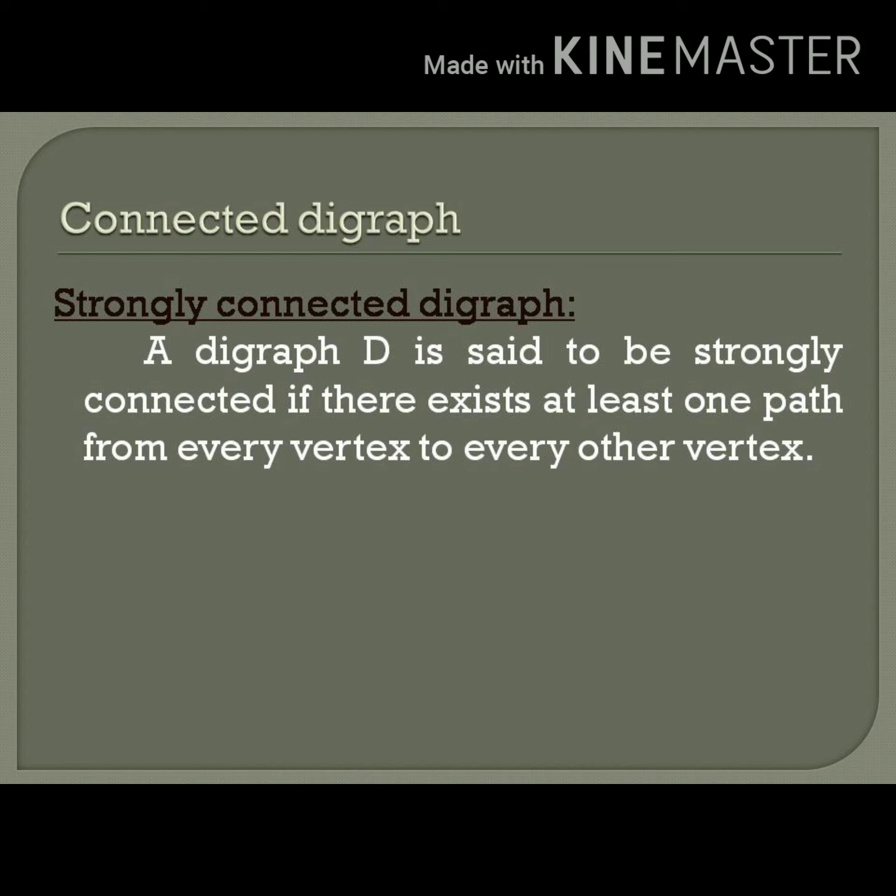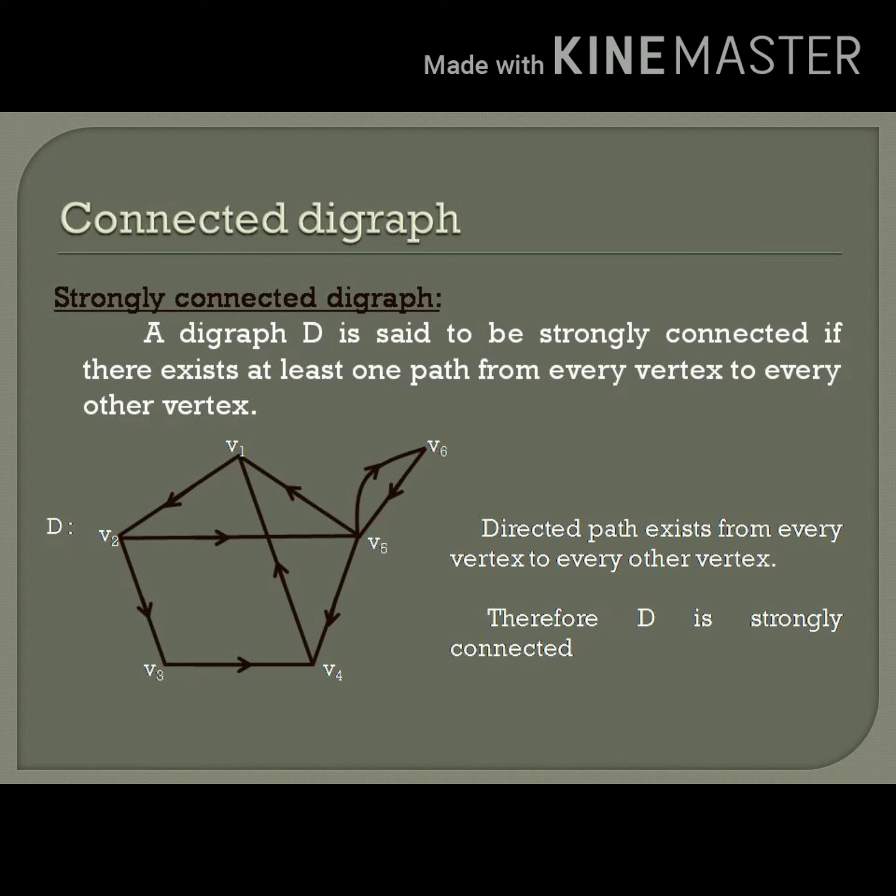If in a graph each vertex is connected by a path with all other vertices, then it is called a strongly connected digraph. See the example here. Here is a graph having 6 vertices, and each vertex is connected by a path. A directed path exists from every vertex to every other vertex. So D is strongly connected.